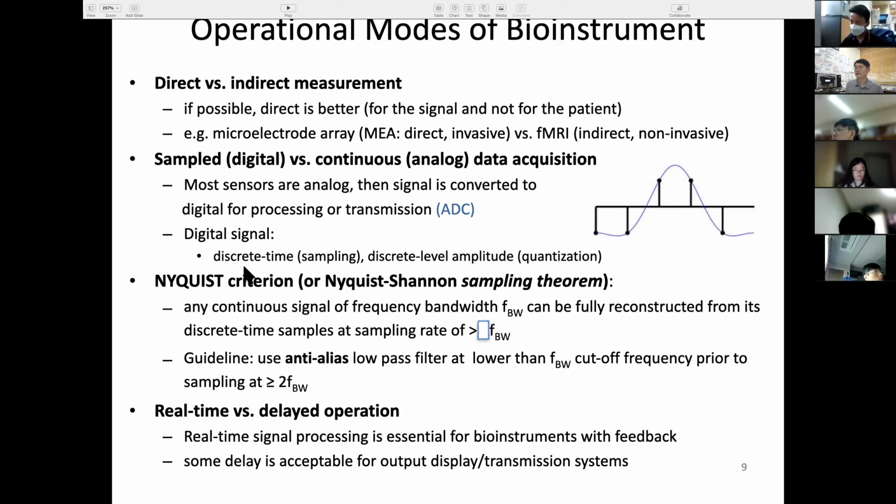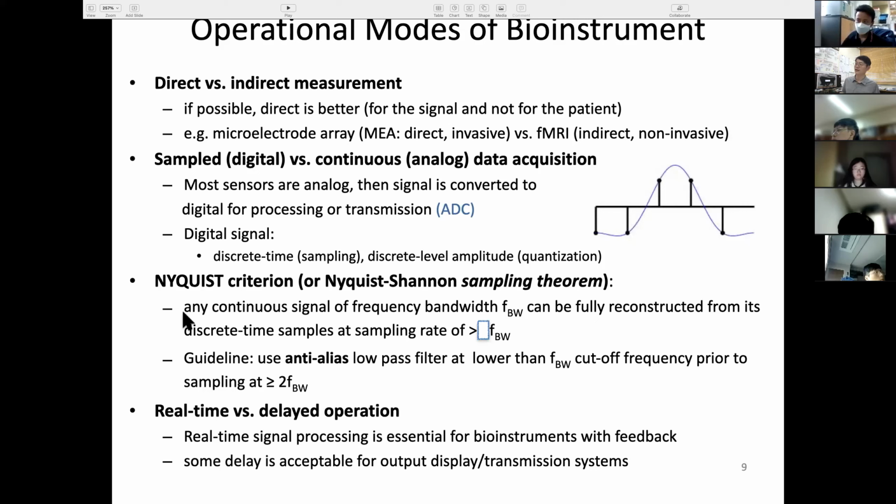For this discrete time sampling, there is a hugely important concept to understand, the so-called Nyquist criterion. Those from an engineering background have heard about this; we also call it the Nyquist-Shannon sampling theorem. This is one of the most important concepts for signal processing, but the implication is very simple.